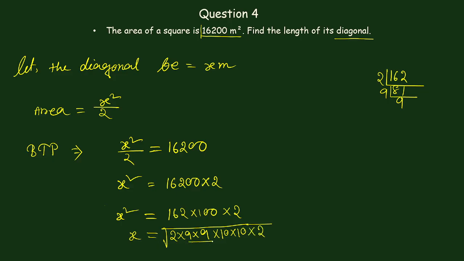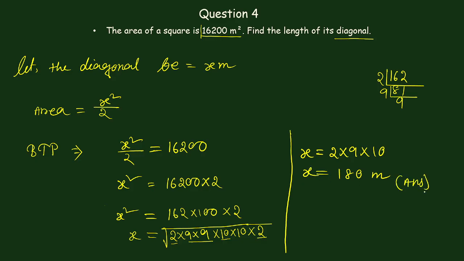So now see, one 9 is coming out, one 2 is coming out and one 10 is coming out. So x equals 2 into 9 into 10. So it's 180 meter. Your answer.